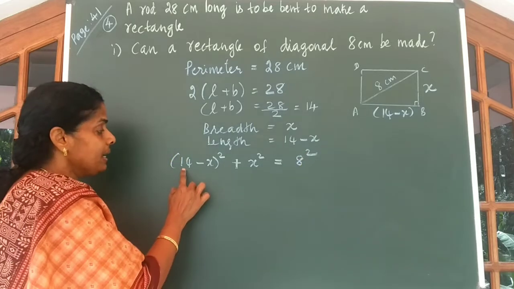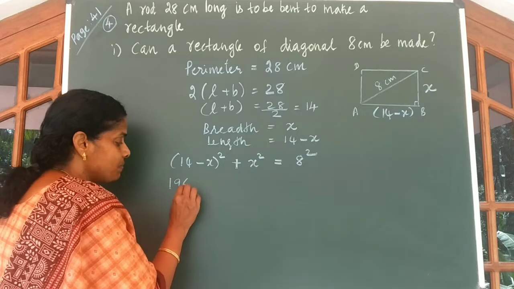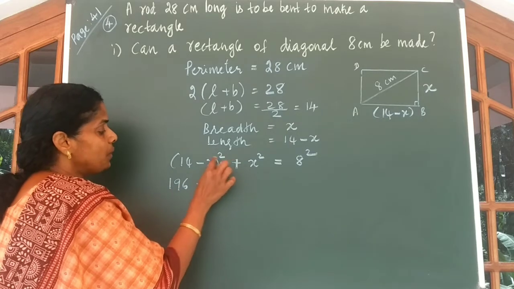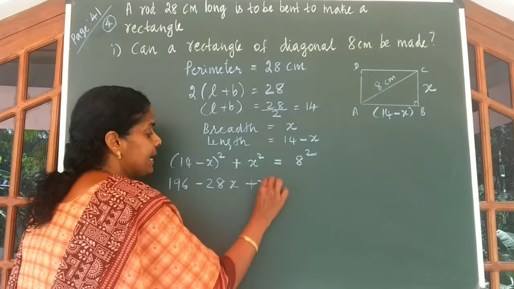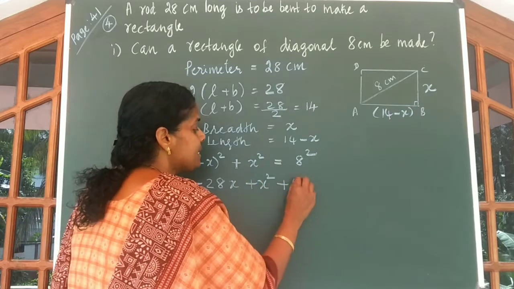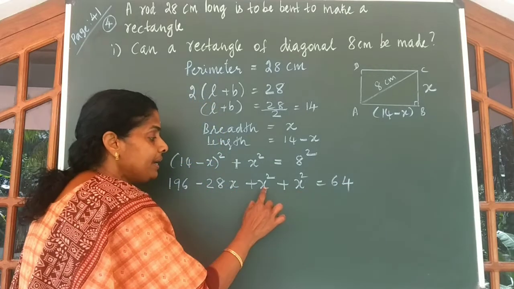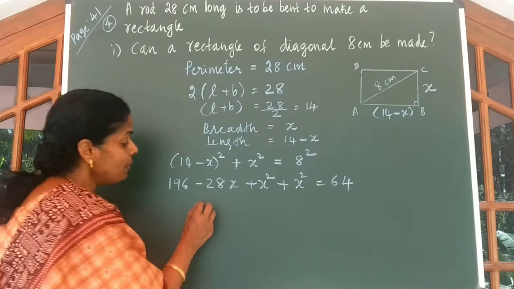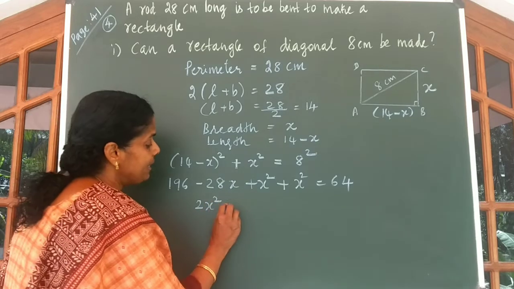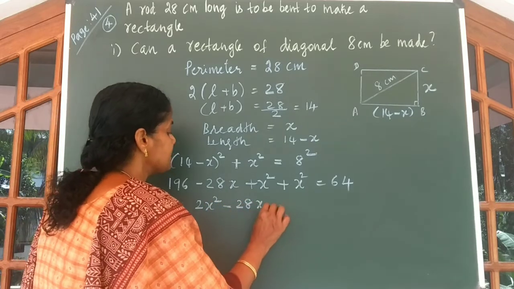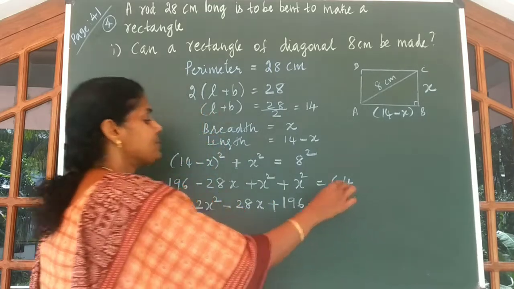Let us expand (a minus b) the whole square. We get 196 minus 2 into 14 into x, 28x, plus x square, plus this x square is equal to 64. x square added to x square gives you 2x square. So we can write 2x square minus 28x plus 196 is equal to 64.